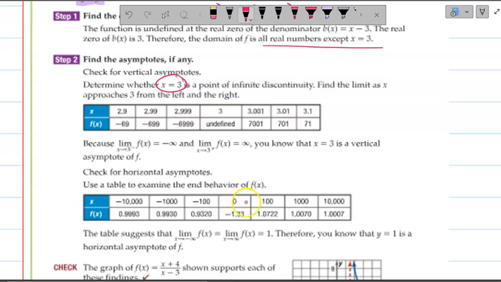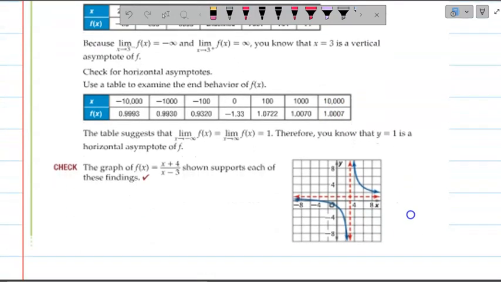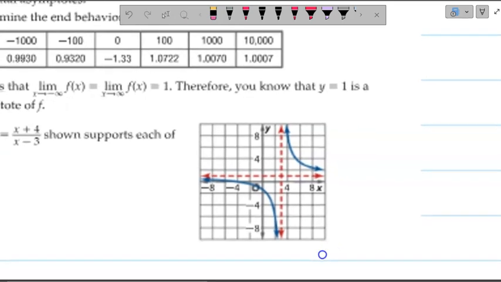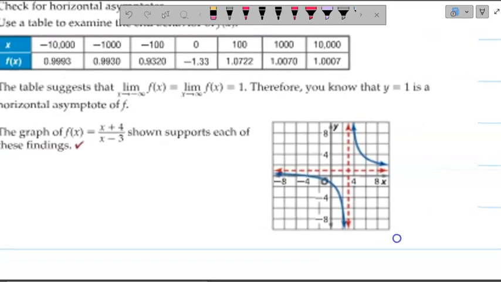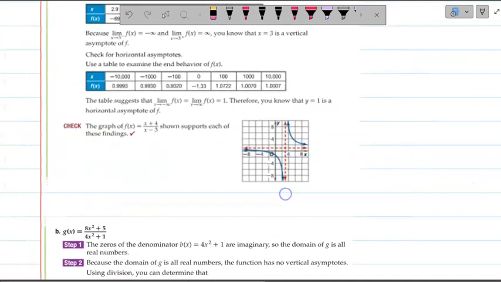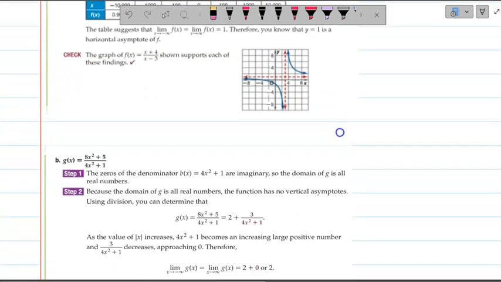And as x approaches positive infinity, we're also approaching 1. That's a way that we can confirm that with limits. So this shouldn't seem too new or too foreign because we've done that in Algebra 2, but taking a look at it from a calculus perspective does change things a little bit.